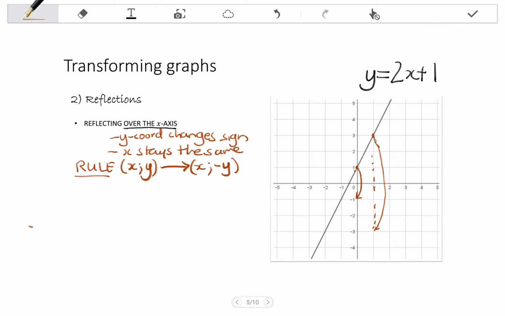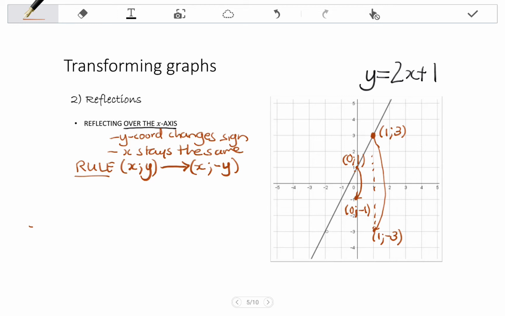If we look at particular coordinates, this point here has the coordinates (1, 3). Reflecting over the x-axis, using the rule, it takes the same x-coordinate, and the y-coordinate changes sign, so it goes from positive 3 to negative 3. The same for this coordinate here, which is (0, 1). Using the rule, it keeps the same x-coordinate and changes the sign of the y-coordinate, so (0, -1).